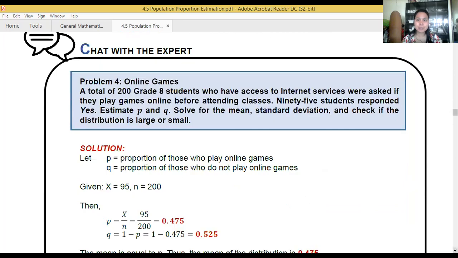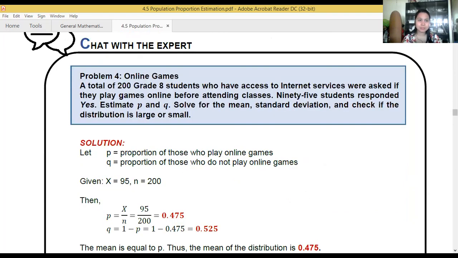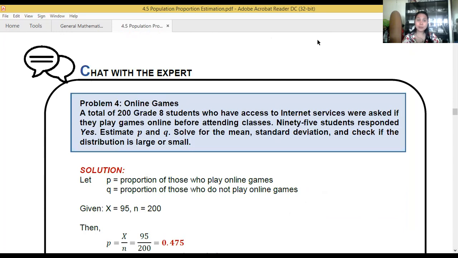Let's have problem number 4. A total of 200 grade 8 students who have access to internet services were asked if they play games online before attending classes. 95 students responded yes. Estimate P and Q. Solve for the mean and standard deviation, and check if the distribution is large or small. P is for those who play online games.